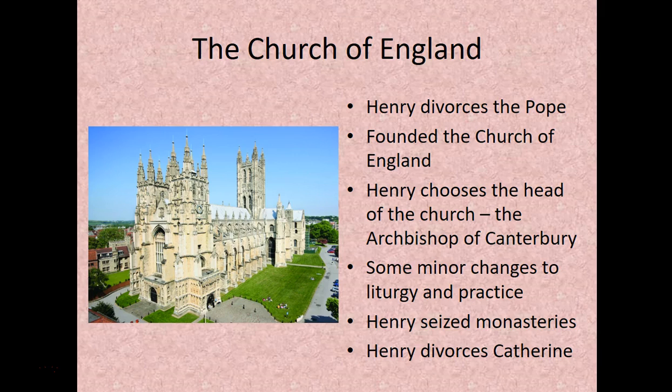Over time, Henry's also going to seize the monasteries that were in England. So he'll seize the land, he'll seize the property, he'll seize everything they own, and then he's going to keep it for himself. So the king gets richer this way. He's able to fund a lavish lifestyle that he has while also trying to build up the navy and whatnot.